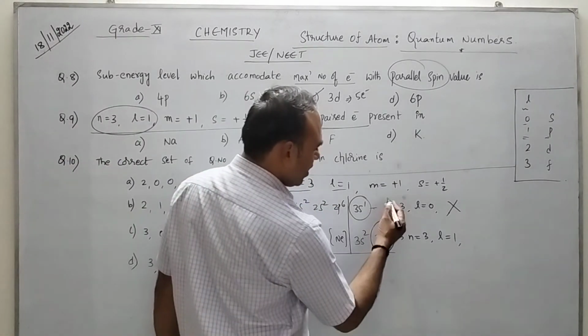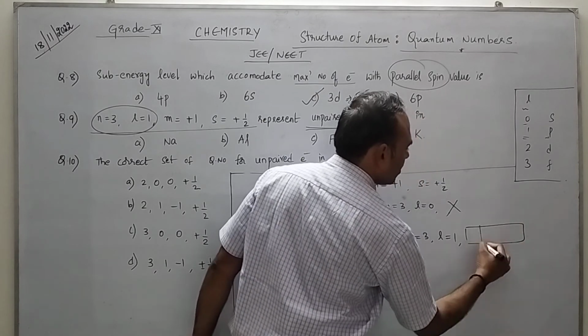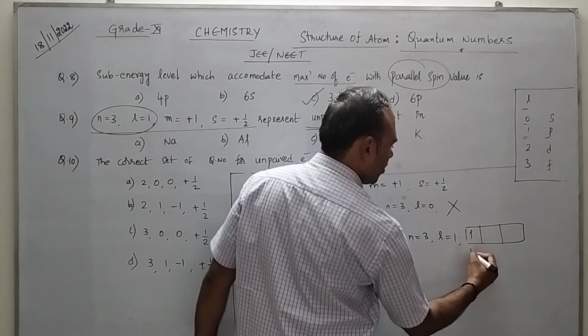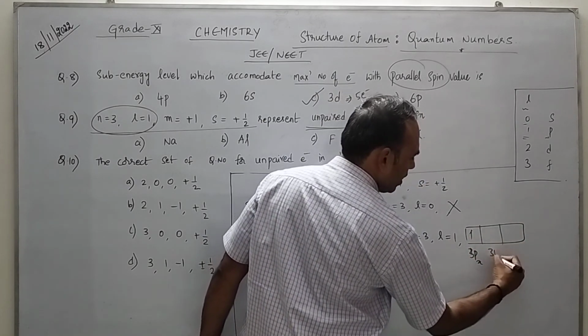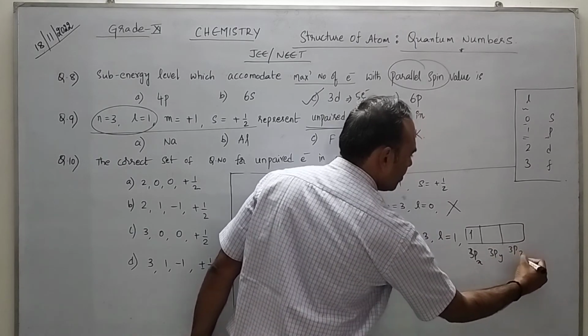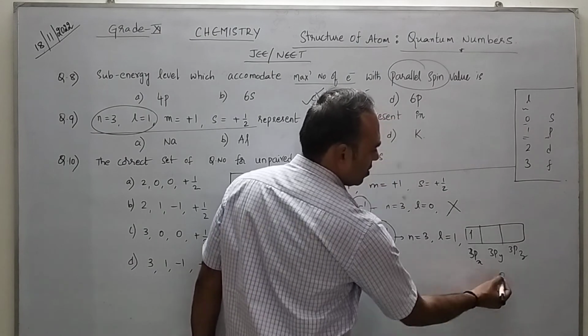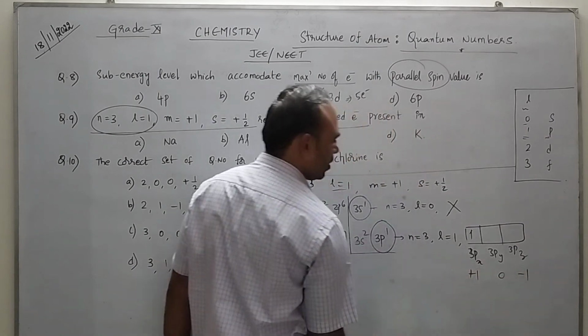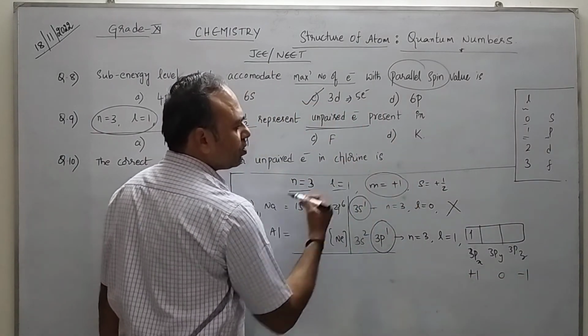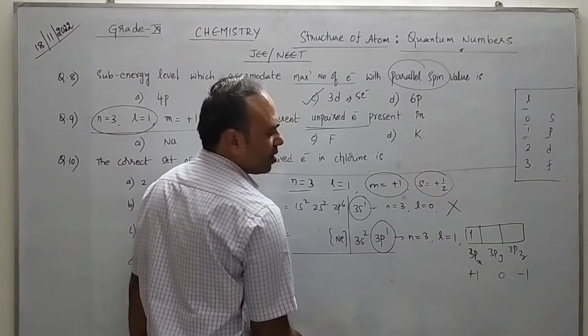What is the value of m here? If you draw this, you have 3px, 3py and 3pz. What are the values of the magnetic quantum number here? This is 0, plus 1, minus 1. They have mentioned m is equal to plus 1 and also plus half.